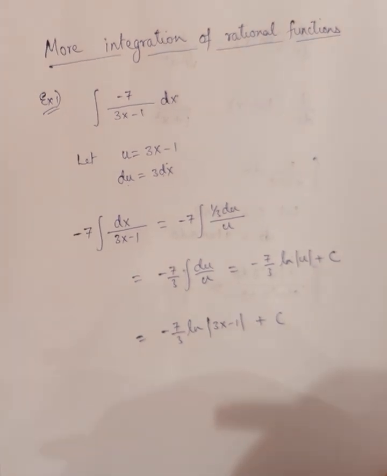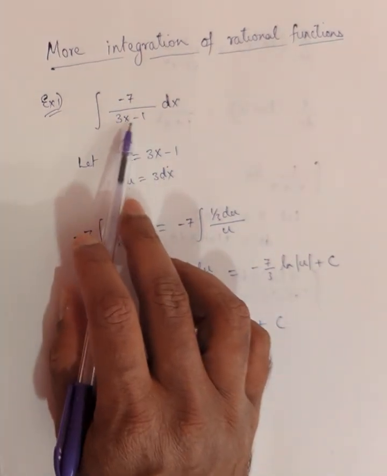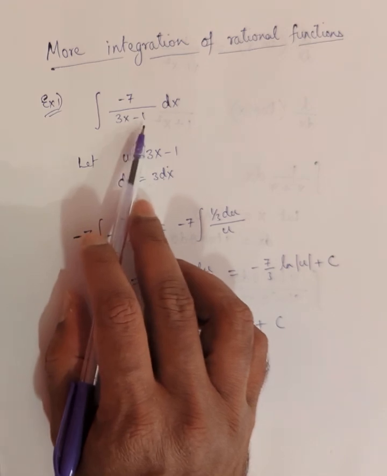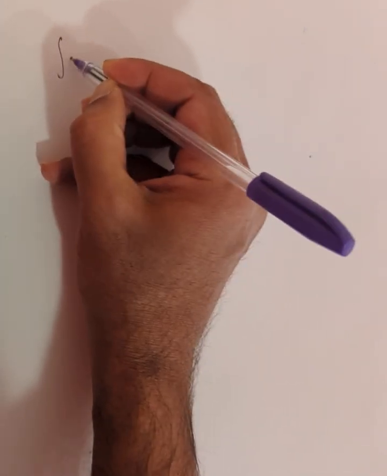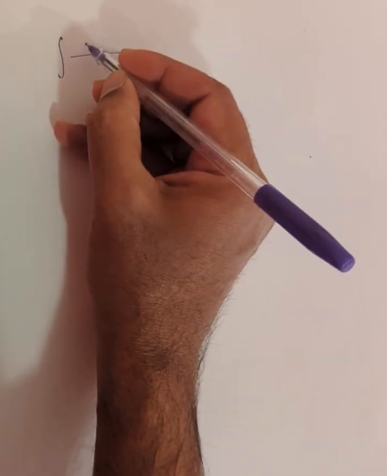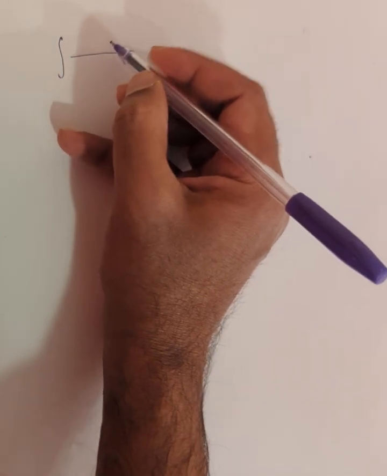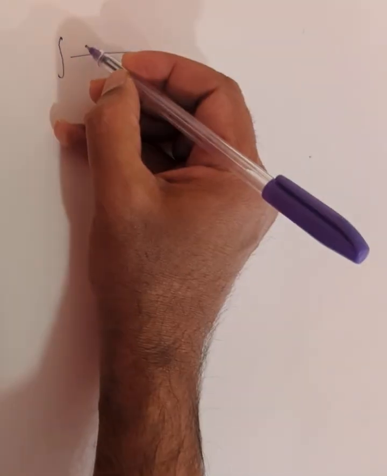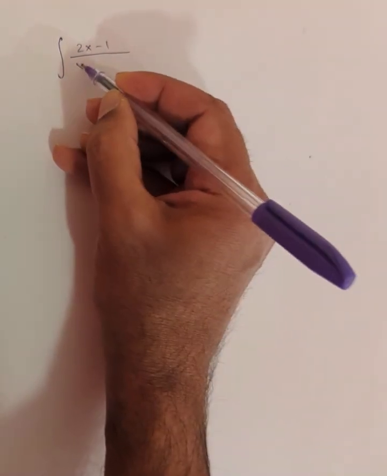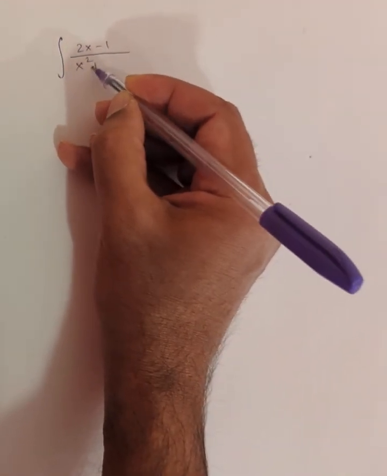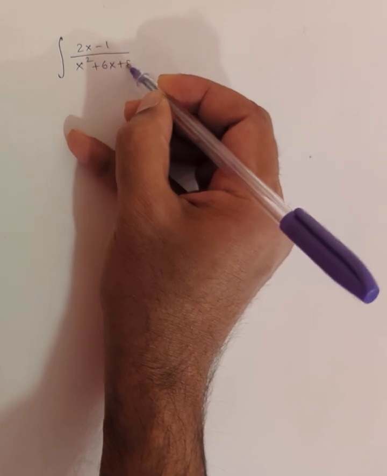Now, when we go on to higher degree polynomials in the denominator, say you have a quadratic, then the numerator could be either a constant or a linear polynomial. So something like x squared plus 6x plus 8.